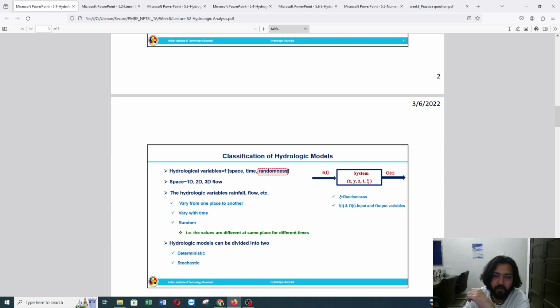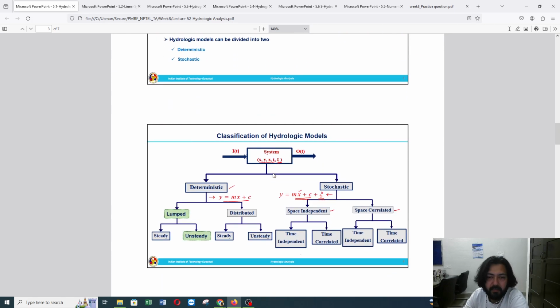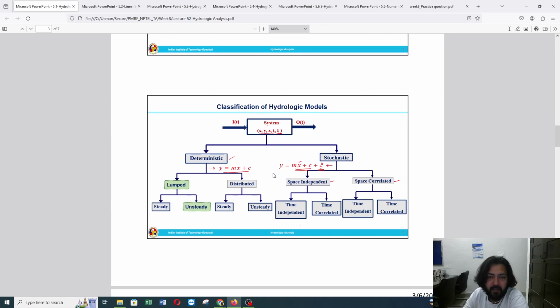Based on the function of randomness, a model could be deterministic or stochastic. Deterministic models ignore uncertainty, and stochastic models consider uncertainty, right?